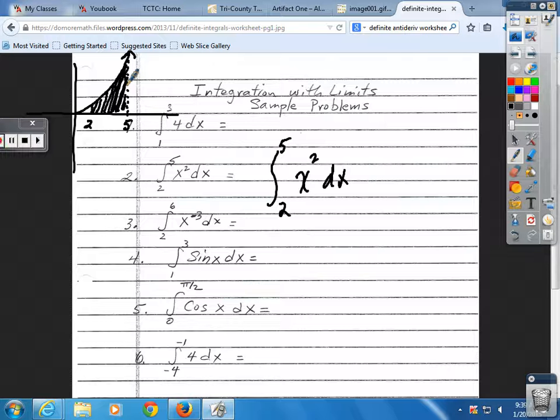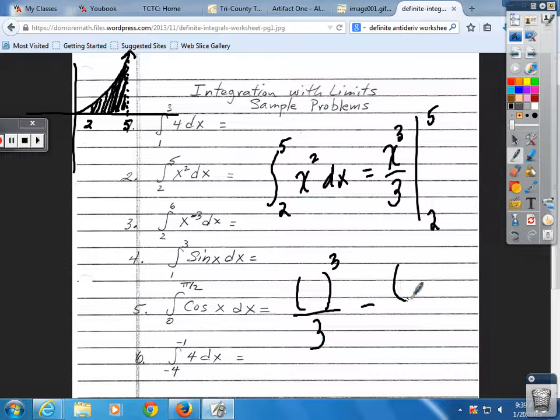Now this is feet. 2 feet and 5 feet, then it's square feet. It's miles, square miles, and so on. So x cubed over 3, evaluated at 2 and 5: parentheses cubed over 3 minus parentheses cubed over 3. Now, the more difficult your functions get, the more you need to rely on these.